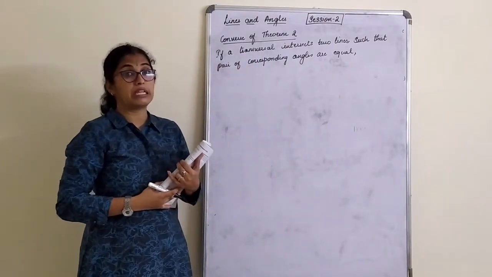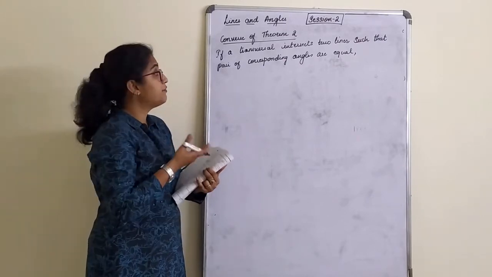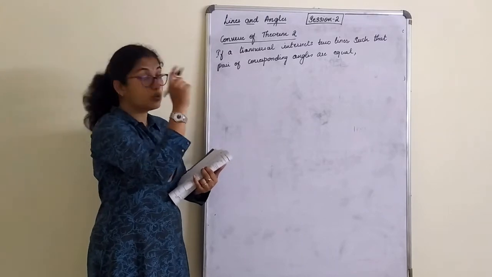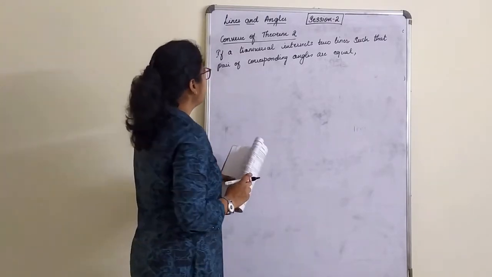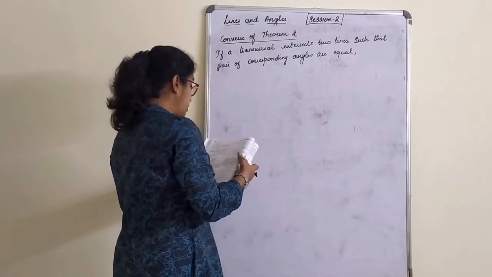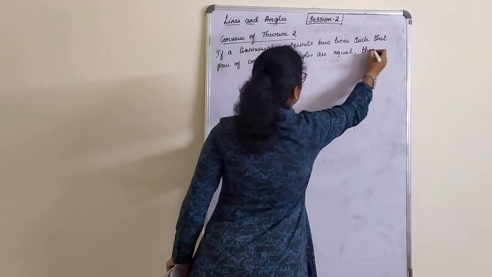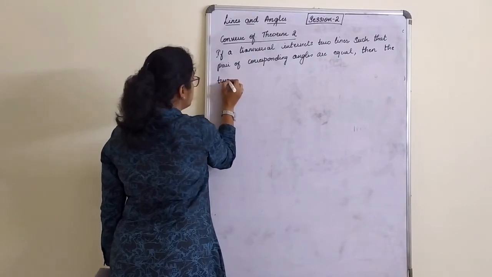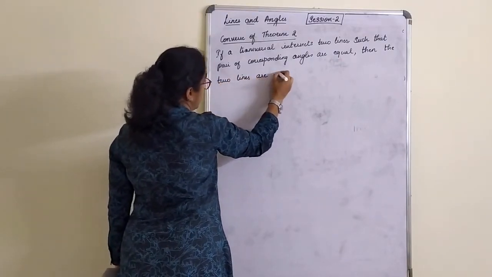When can corresponding angles be equal? It can only be equal if the lines are parallel. Therefore, if its corresponding angles are equal, the given two lines should be parallel. That's the converse. So if a transversal intersects two lines such that a pair of corresponding angles are equal, then the two lines are parallel.